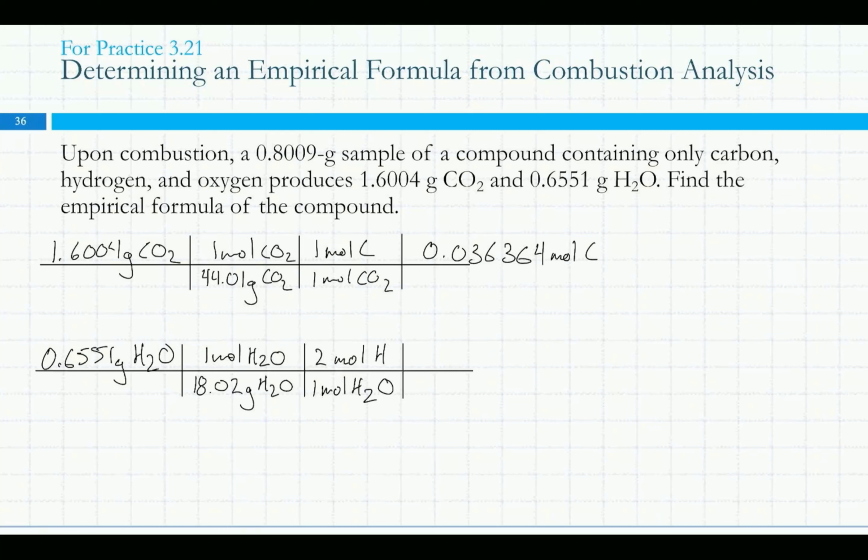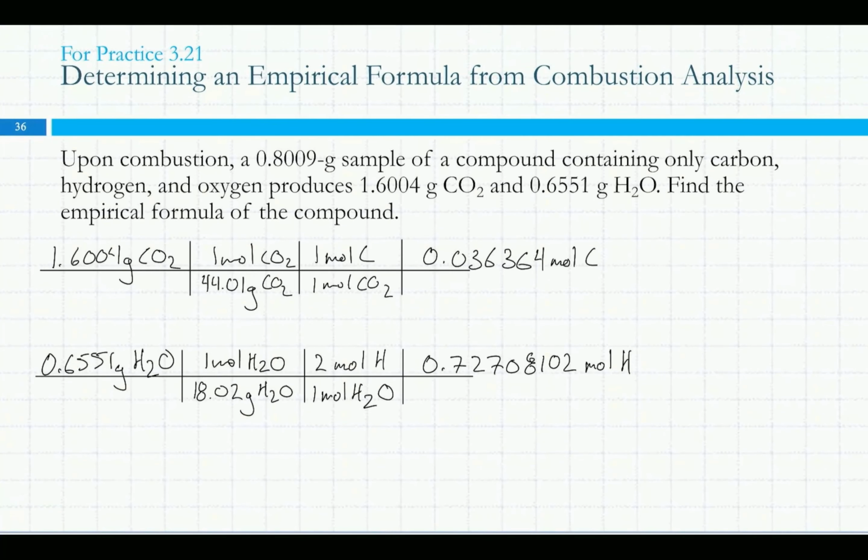And then 0.6551 divided by 18.02 times 2 is 0.72708.102. Okay. So in terms of doing our empirical formula, we need those in moles. So we can just leave those there, but we need to account for that oxygen first before we go on to the next step, right? Because we don't know if the oxygen is going to be less moles or more moles than either of these.